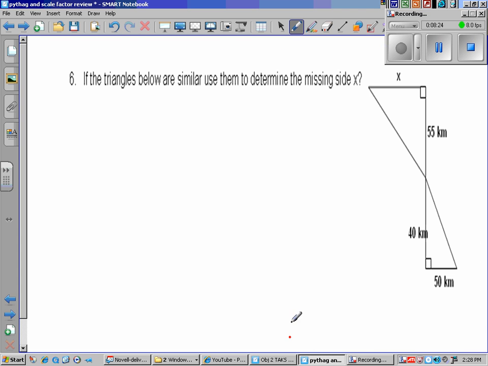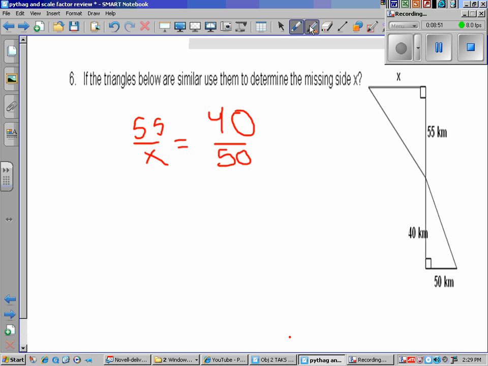This one here, they are similar, and they're trying to find this length right here. Well, let's put this 55 over x, and then 55 matches up with 40, so I'm going to set it equal to 40 over this bottom one, which is 50. Now what I did was, let's get another color here.